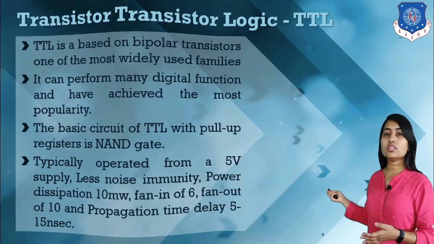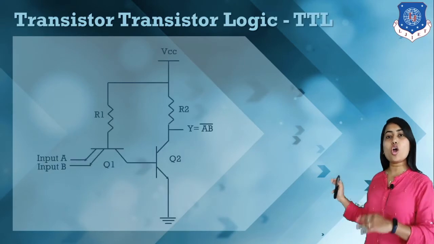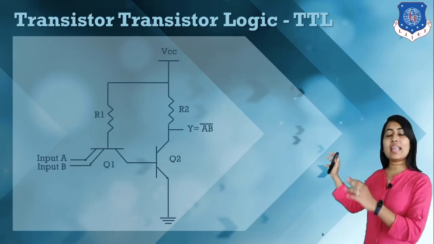Here we have the circuit diagram of a TTL NAND gate circuit. Q1 has the input terminals, input A and input B, so this is a 2-input NAND gate circuit.